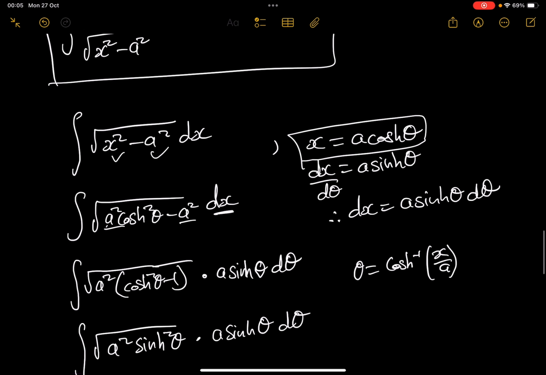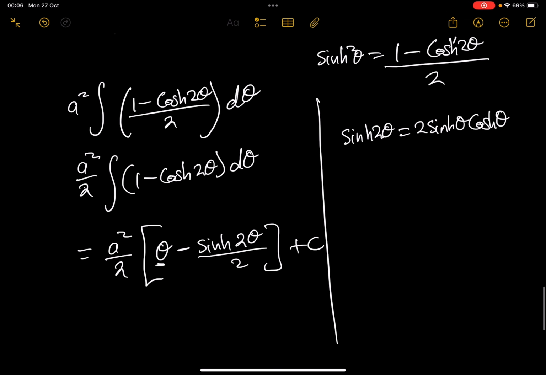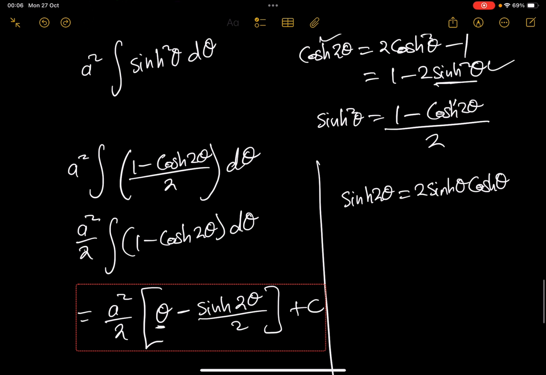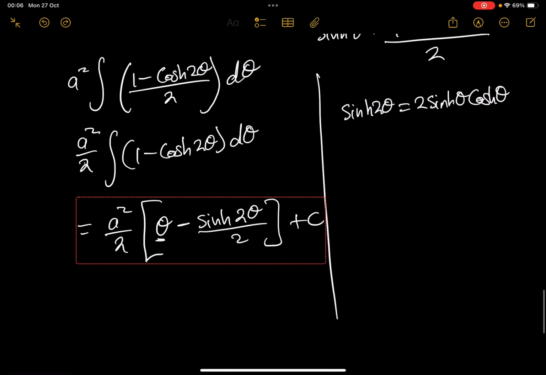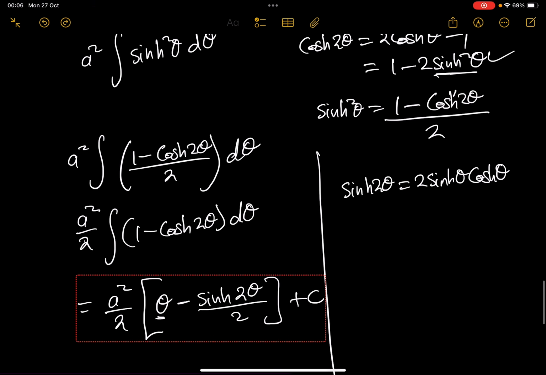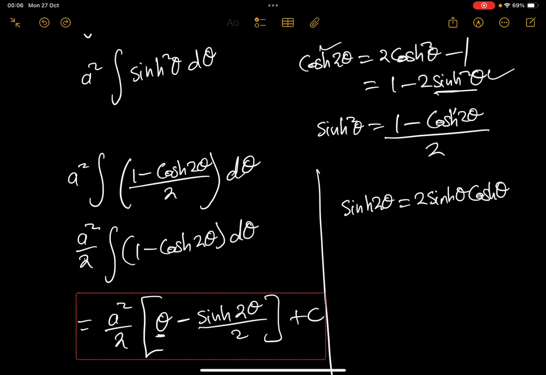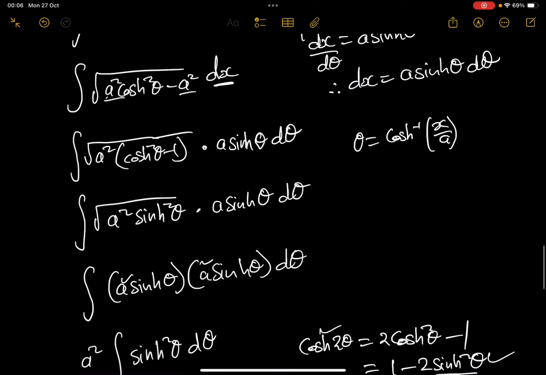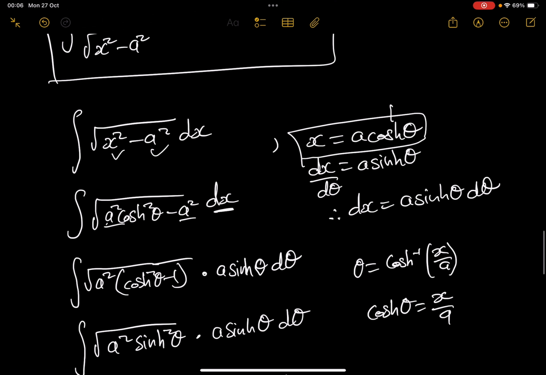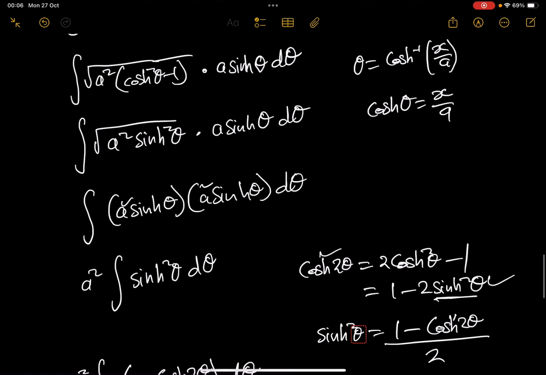That we know, isn't it? And now when we come back to this, we have 2 sine theta cos theta, and from here we know that cos theta is equal to x over a, from the same expression.